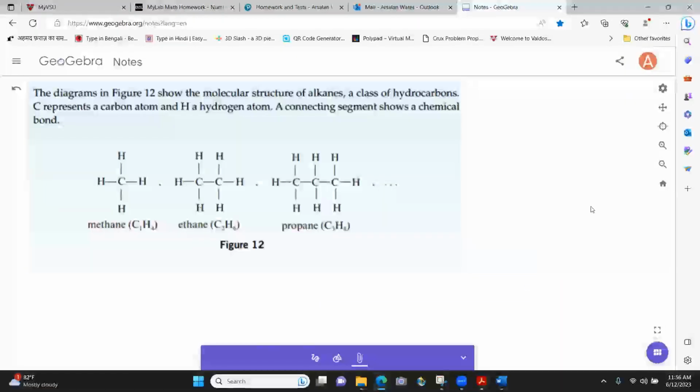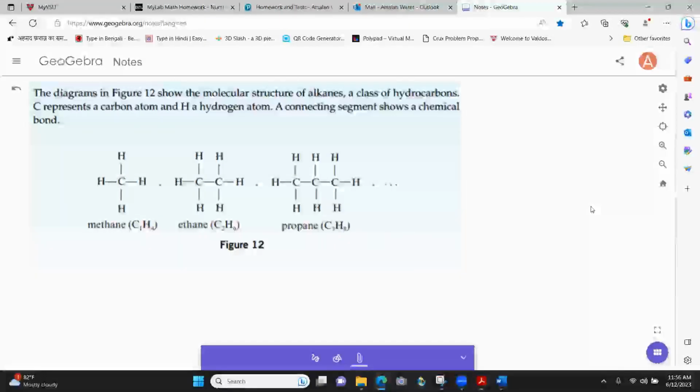Okay, let's read the question very carefully. The diagrams in figure 12 show the molecular structure of alkanes, the class of hydrocarbons. C represents a carbon and H a hydrogen connecting in this way. So I think they'll tell you, I don't have it, let's make up a problem.